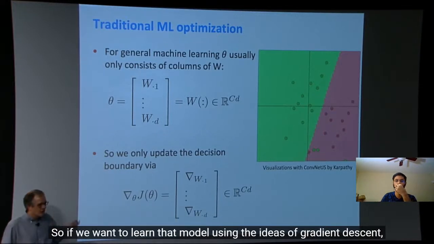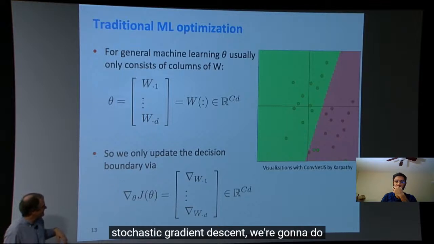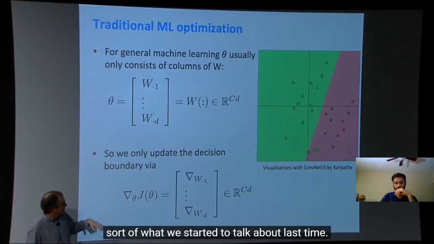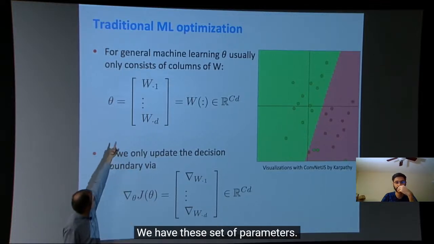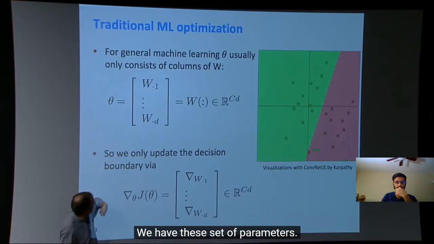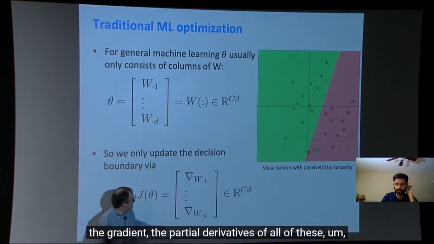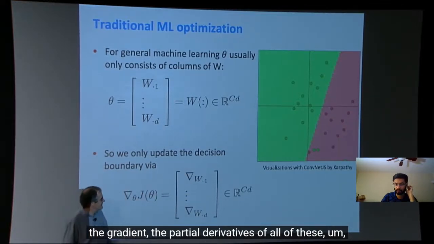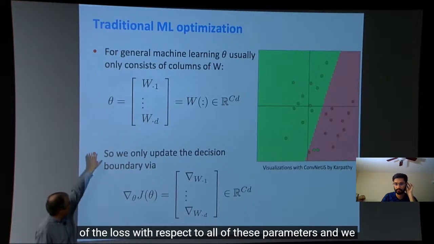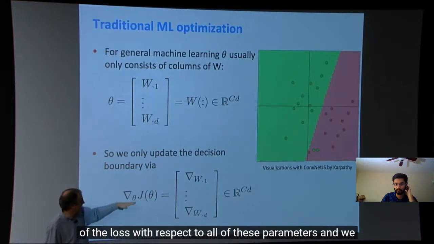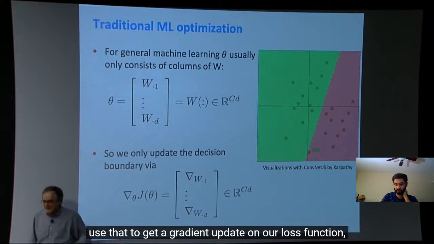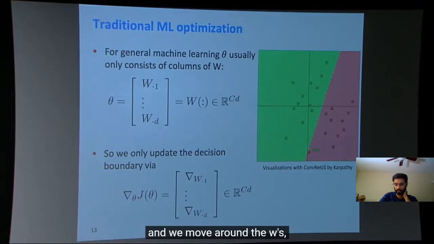And so if we want to learn that model using the ideas of gradient descent, stochastic gradient descent, we're going to do what we started to talk about last time. We have this set of parameters, we work out the gradient, the partial derivatives of the loss with respect to all of these parameters, and we use that to get a gradient update on our loss function, and we move around the W's.